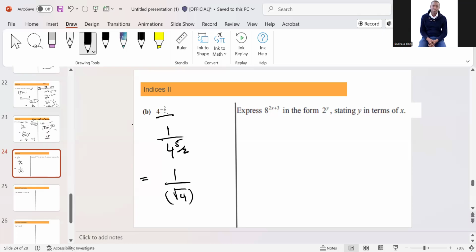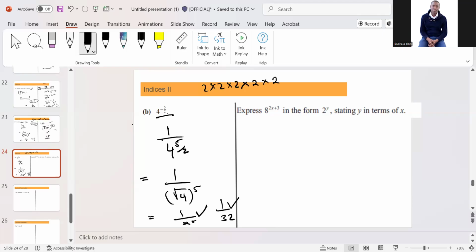Then the 5 we bring outside. Then we can write that as 1 over 2 to the power of 5. Then obviously, what is 2 times 2 times 2? That's already 8. Times another 2, that is 16. Times another 2, that is 32. So we can write that as 1 over 32. Sometimes they can ask you to just leave it here, or you might have to do that.